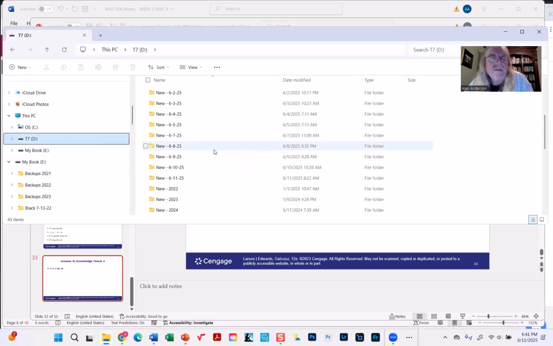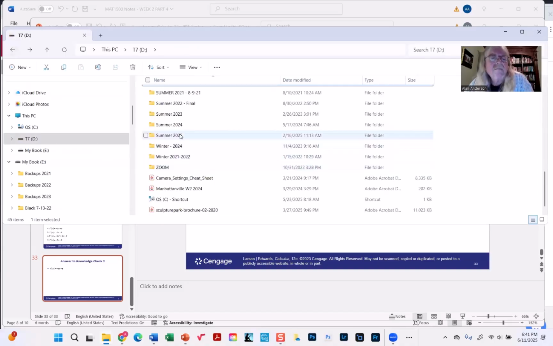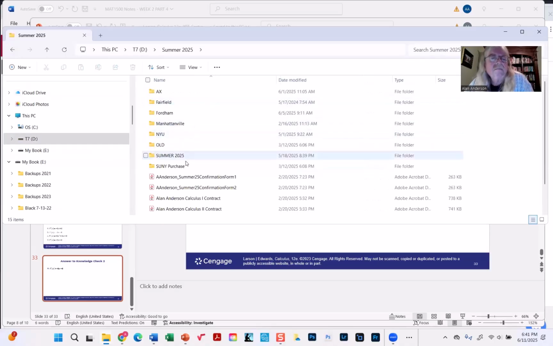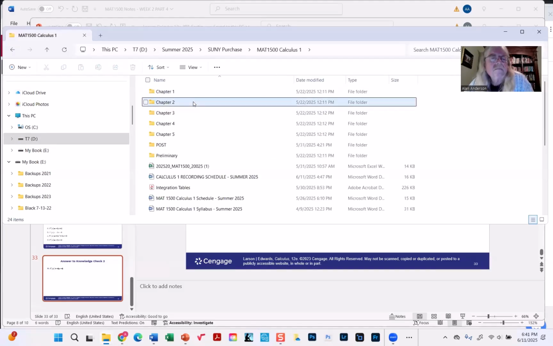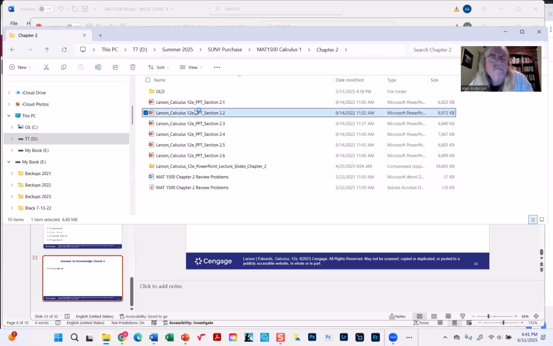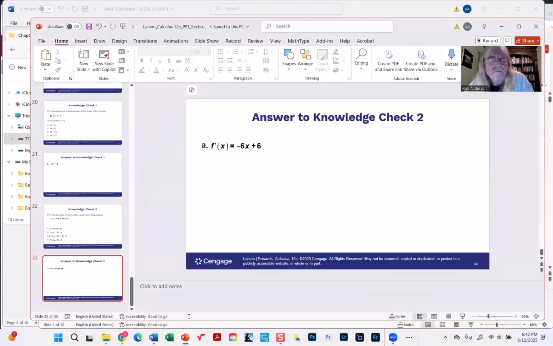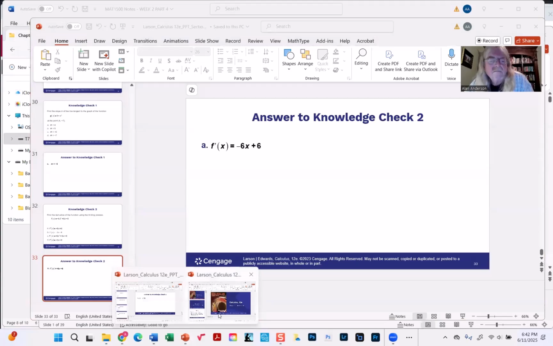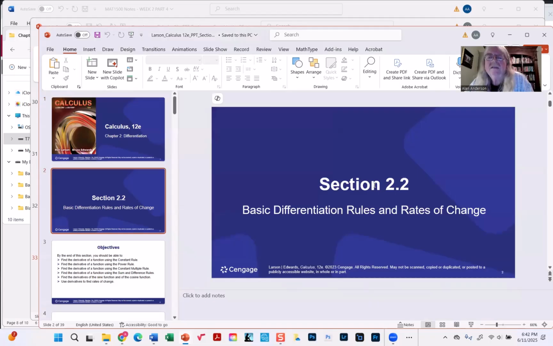All right, let's get that open. The basic differentiation rules and rates of change.